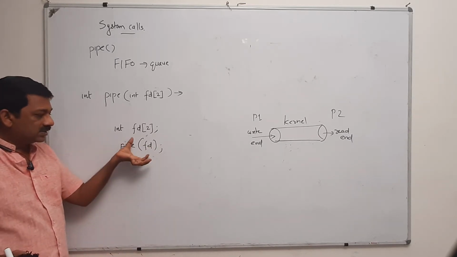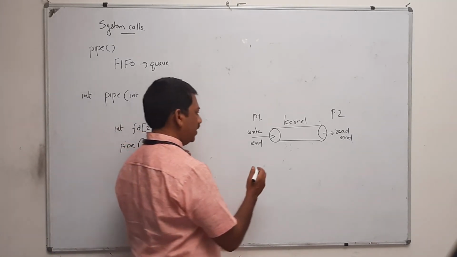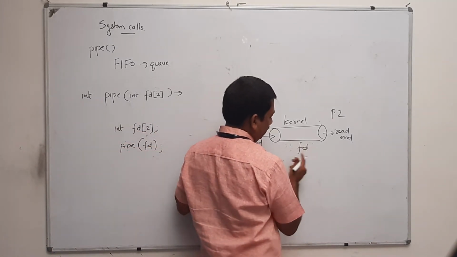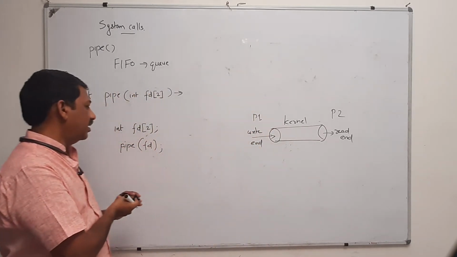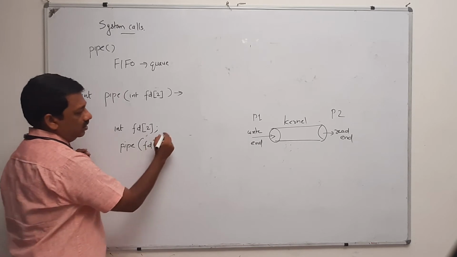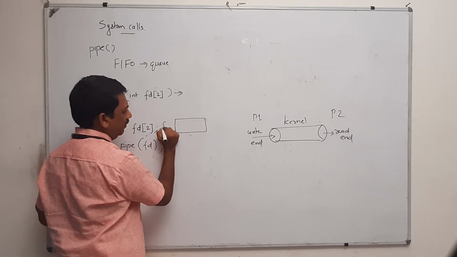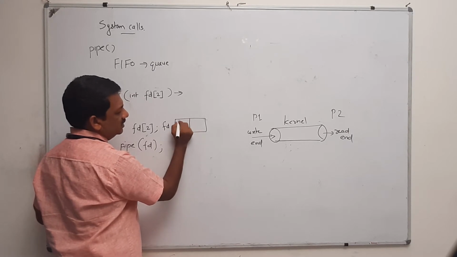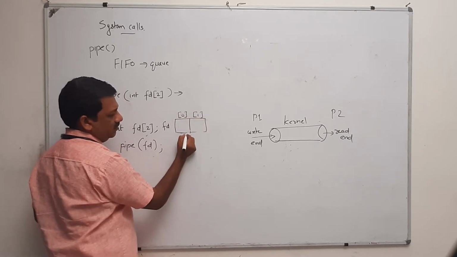If this is successfully created, then a pipe is created; no name is given to that file, but this is fd, and this is fd[0] and this is fd[1].